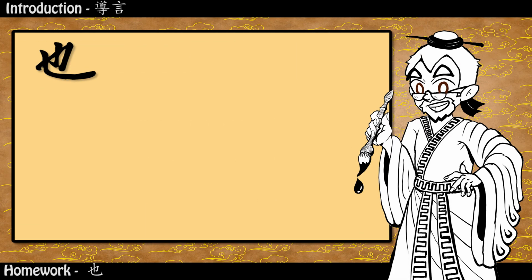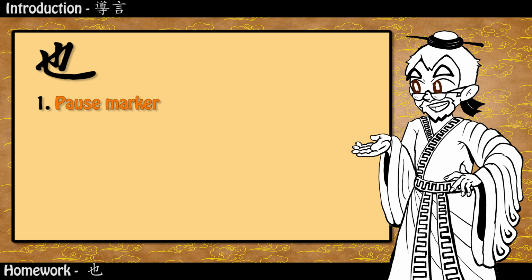The character ye is one of the most oft-seen grammatical particles in classical Chinese. It also has a broad range of uses, many of which are not at odds with each other, and as such may be found embodied by one character. First and foremost, ye can act as a pause marker, that is, somewhat like an outspoken comma. It can also mark an ongoing state, that is, that something is unchanging or happening without an end in sight.